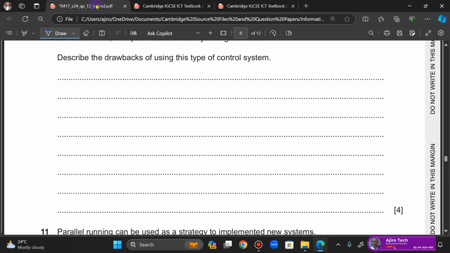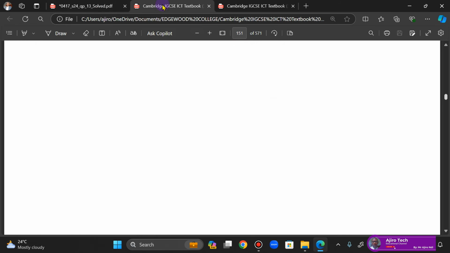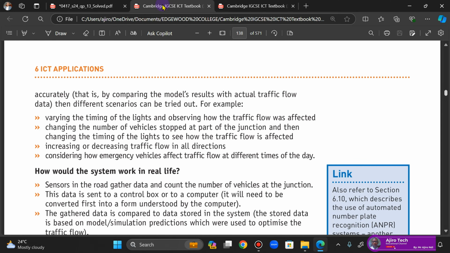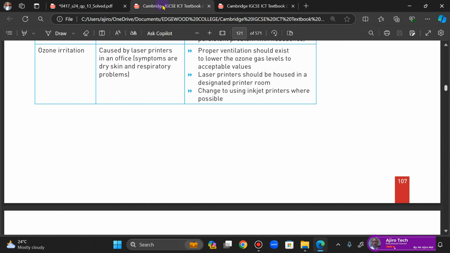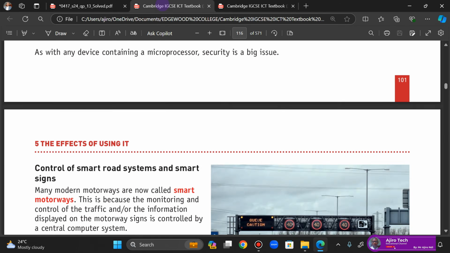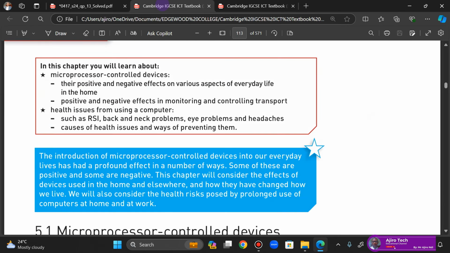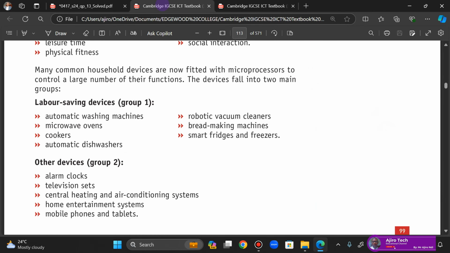It cannot clean the whole room, and you see, this is under the labor saving group, automatic or robotic vacuum cleaners.